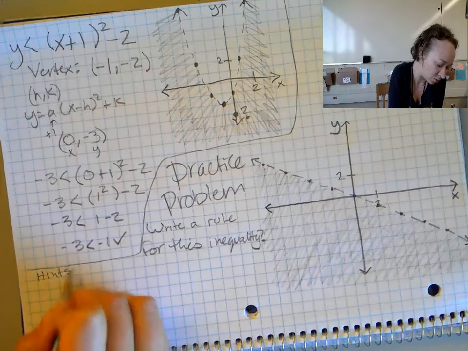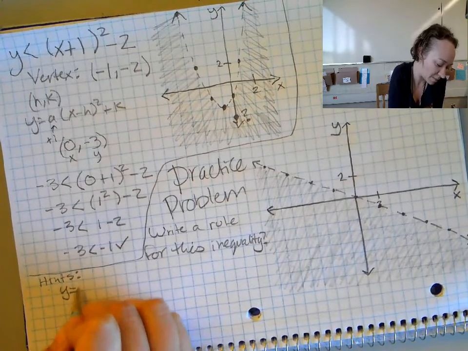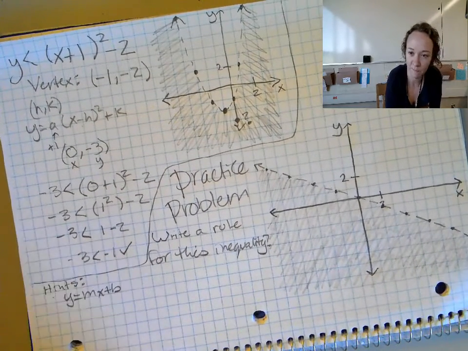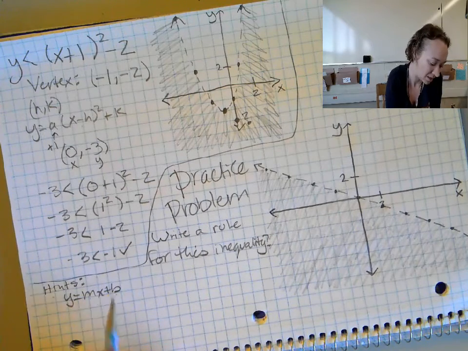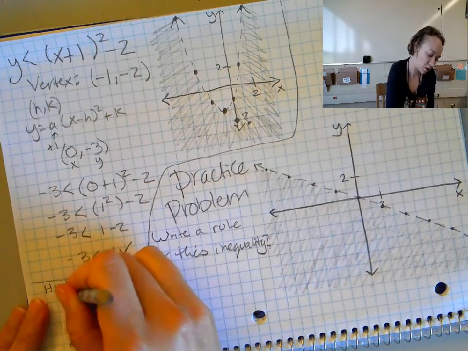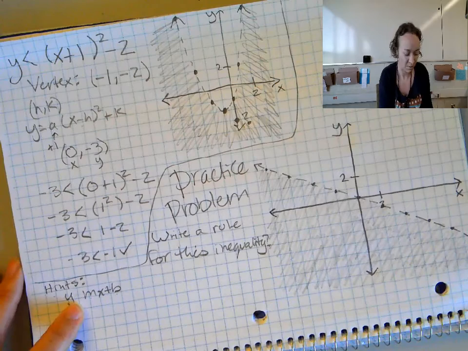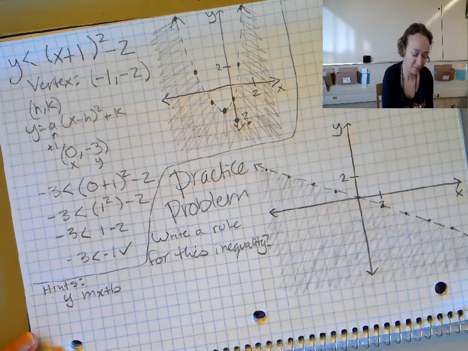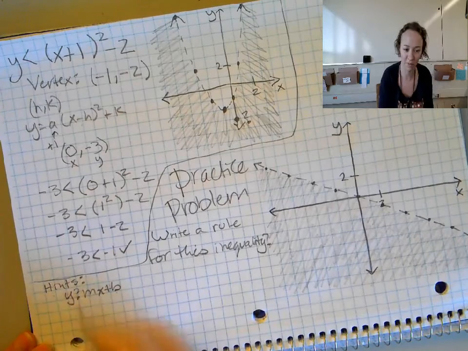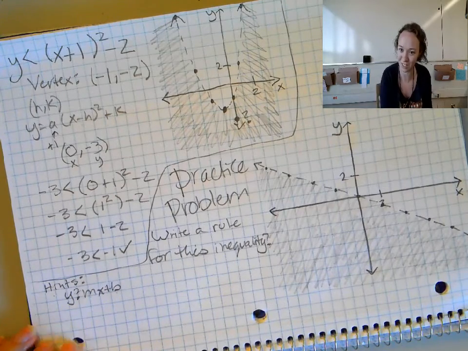We're looking at y equals mx plus b format. You need to decide what m is. You need to decide what b is. And then you're going to need to change the inequality so that it becomes the right inequality. So maybe it's a y, question mark, mx plus b. What's going to go in there?